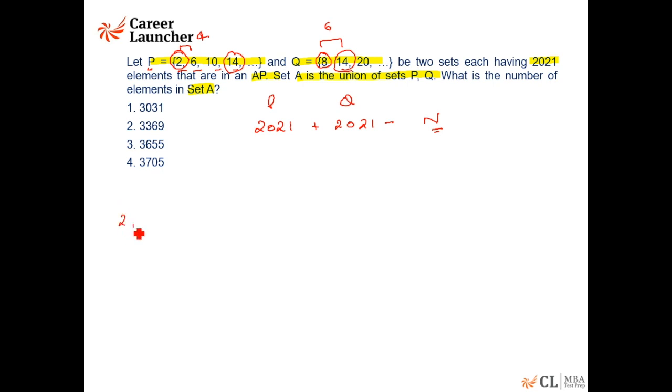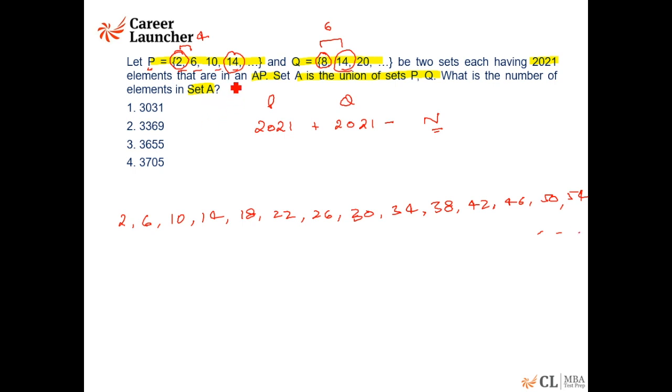Now let me write it down: 2, 6, 10, 14, 18, 22, 26. I am doing this just to explain a concept. 38, 42, 46, 50, 54. Let me stop here. The series continues.